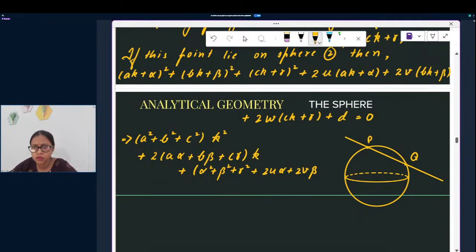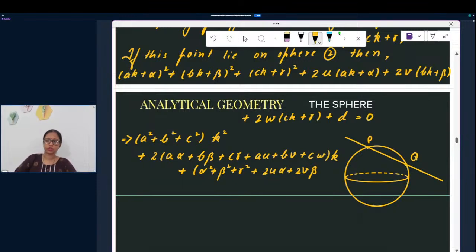Did I miss something? Yeah, I missed the coefficients of k: plus Au plus Bv plus Cw.